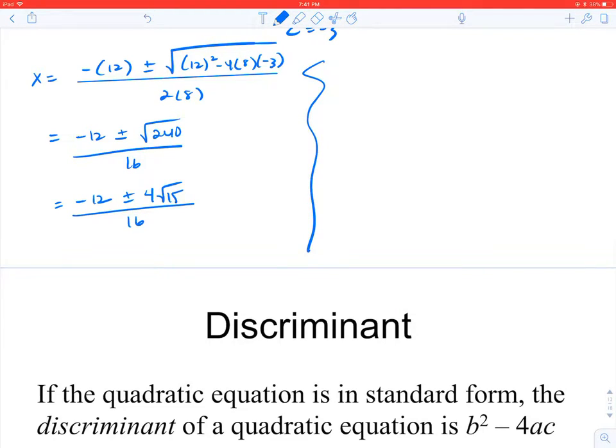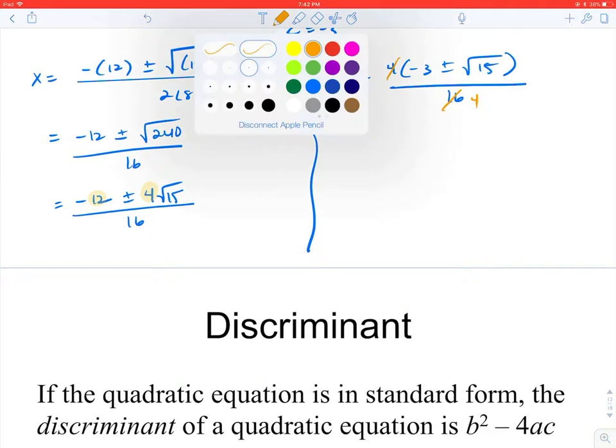Okay, so now it's kind of up to you. If you want to separate your solutions and then simplify, you can. I can see that 4 is the GCF of these two terms in the numerator. So I'm actually going to factor out a 4. So I'll have 4 times negative 3 plus or minus root 15 over 16.